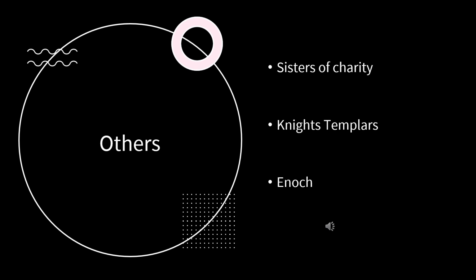The narrative also mentions the Sisters of Charity, the Knights Templar, and Enoch. Let me first tell you who the Sisters of Charity were. They belonged to a Roman Catholic congregation of non-cloistered women. That is, they did not become nuns or sisters as we address them today.